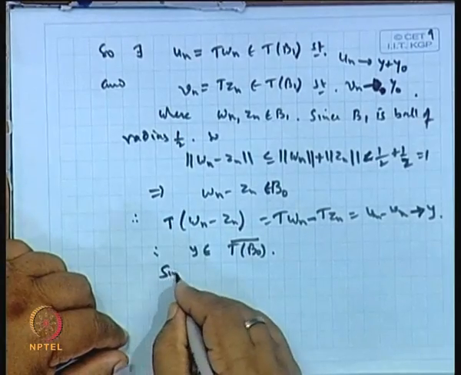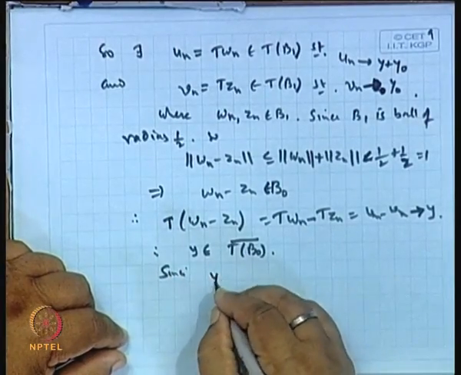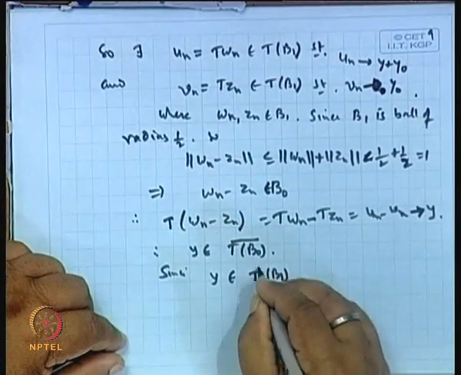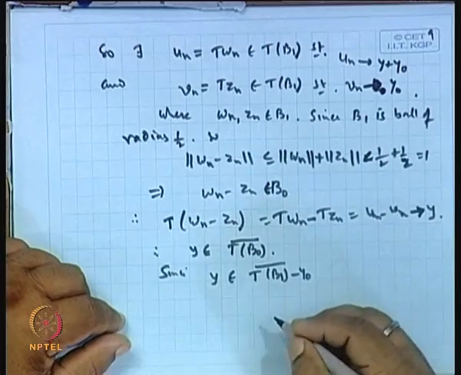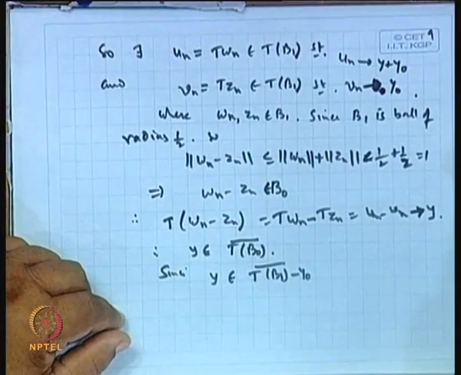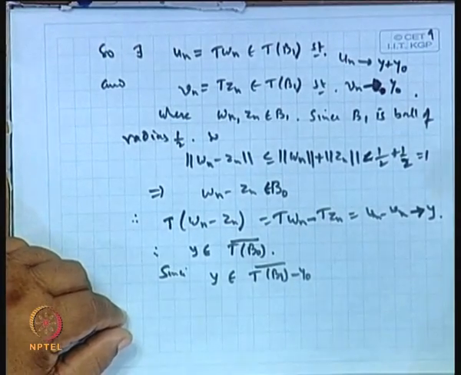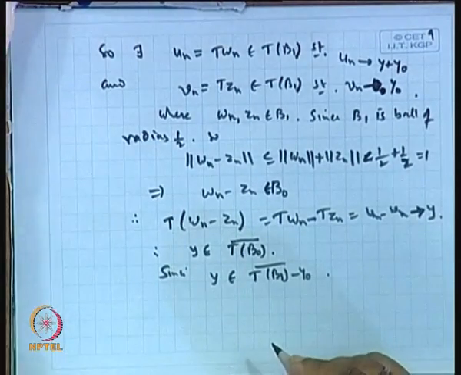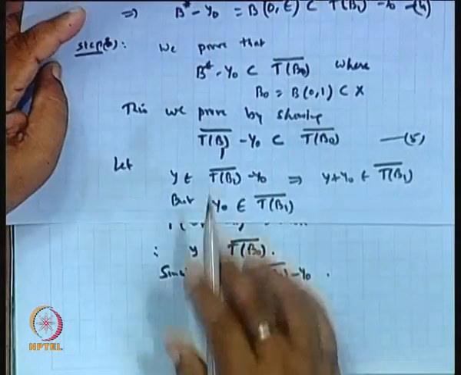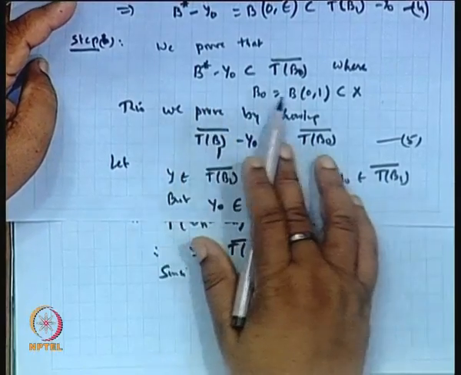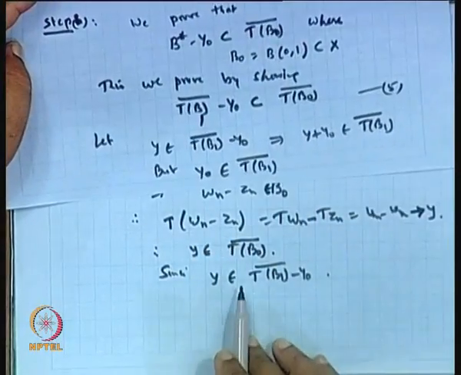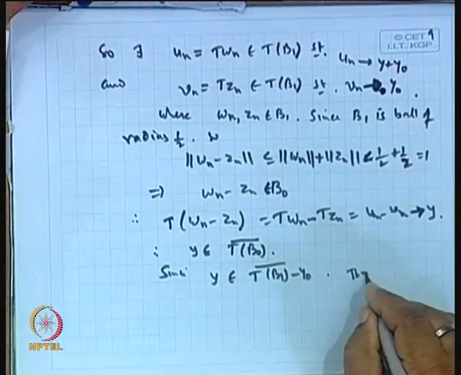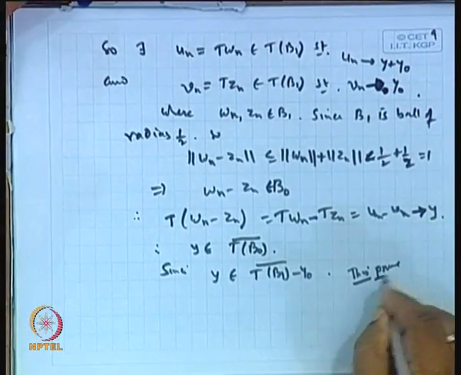Now, since y is an element of T B 1 closure minus y naught, this shows step 2. This is what we wanted to show. So, if y belongs to here, y belongs to this. So, this proves these steps.